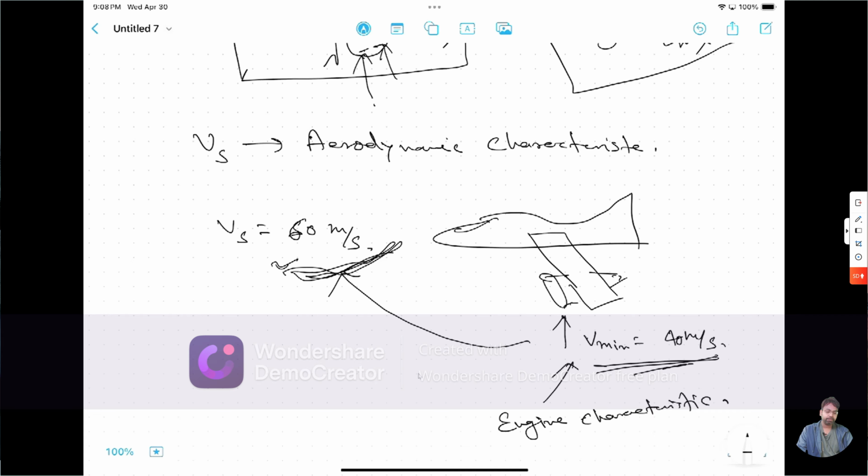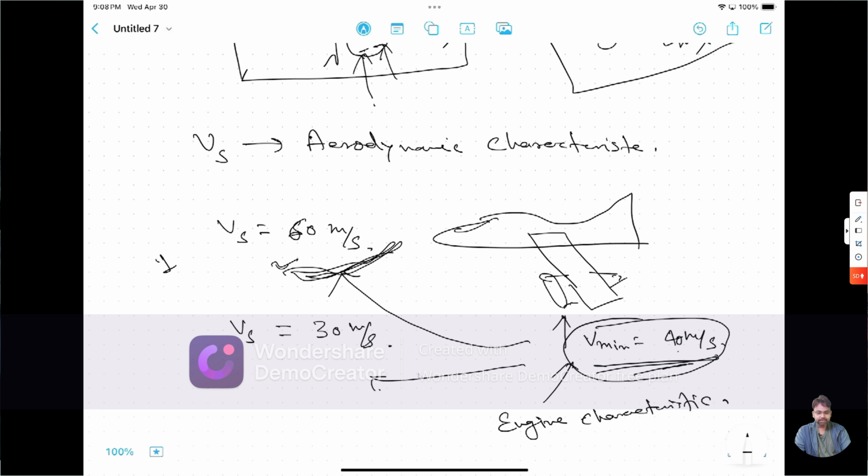So now we are going to another point, vice versa. Suppose your minimum velocity is 40 and your aircraft's stalling velocity is 30 meter per second, then you can never reach your stalling velocity, because your aircraft engine cannot produce less than 40 meter per second. Are you getting my point?